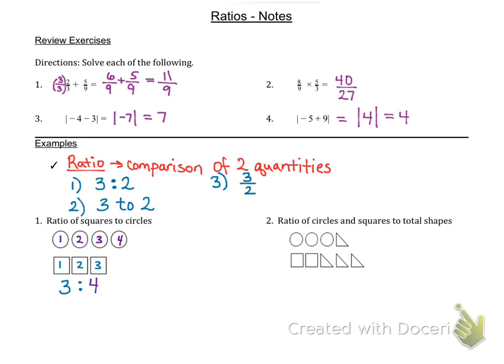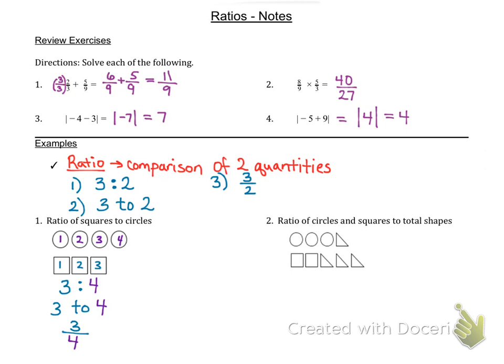So I'm going to put the 4 second. So we have 3:4. Again, we could also write it like this, 3 to 4, or we could write it as a fraction of 3 over 4. So those are the 3 different ways.